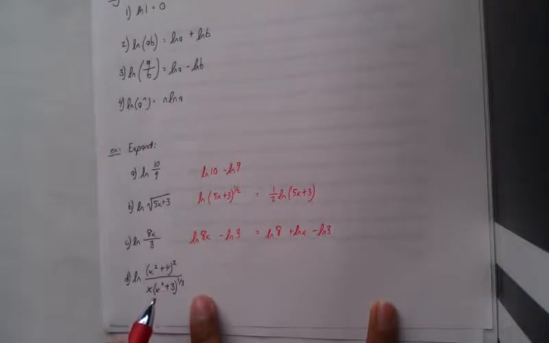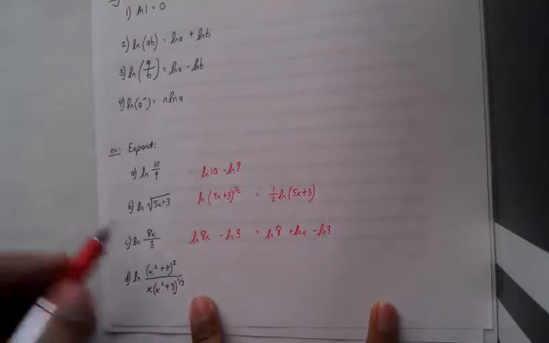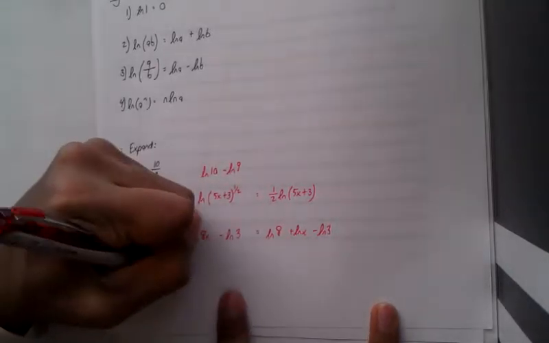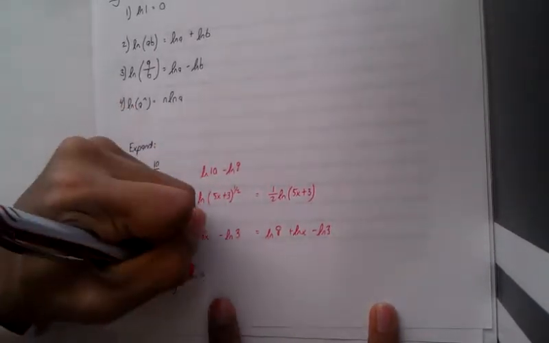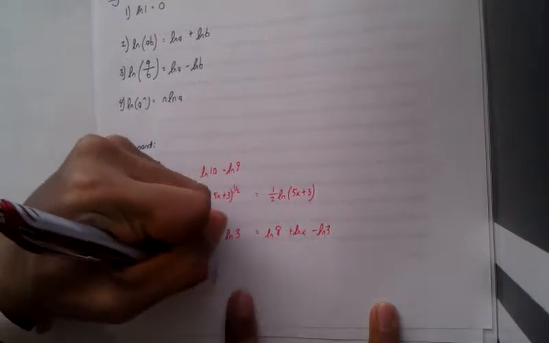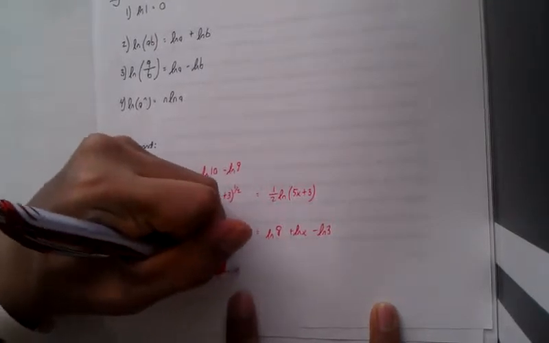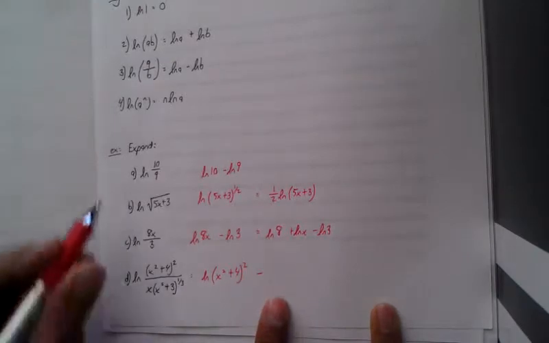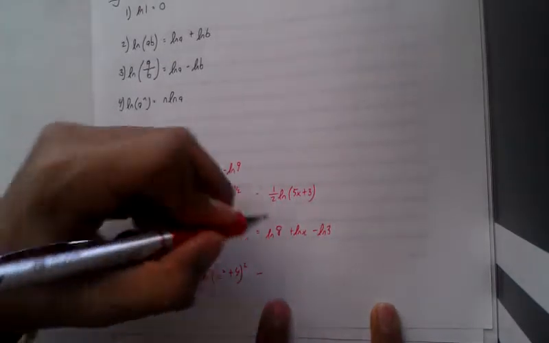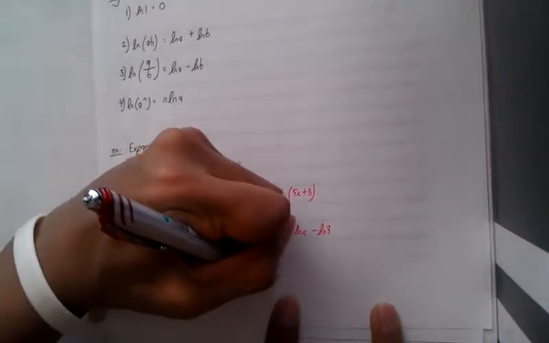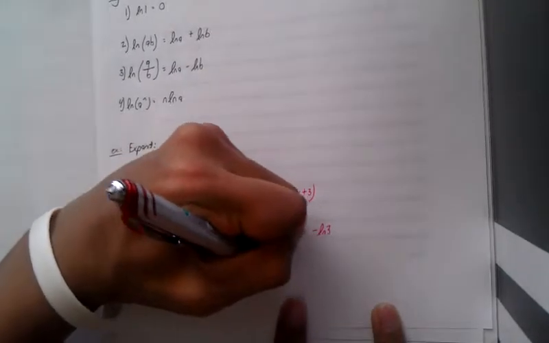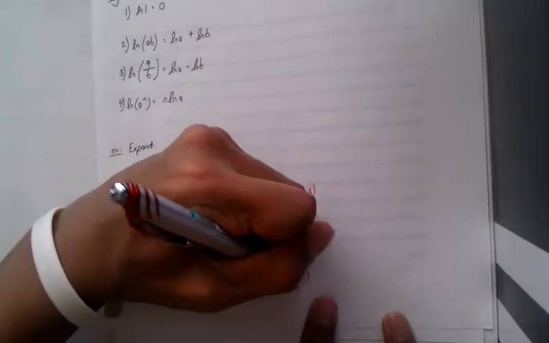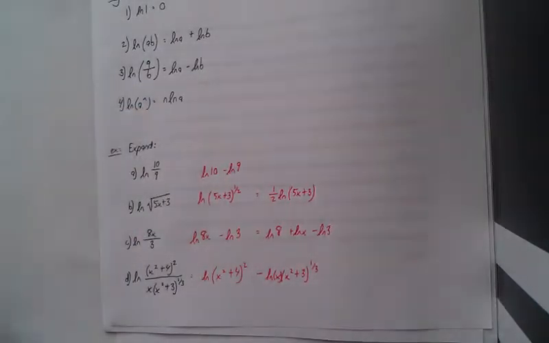Letter D, we've got a few things going on here, so we'll just start it off first by getting it all in one line. So natural log of x squared plus 4 squared minus, I'm using the quotient property, natural log of x squared plus 3 to the 1/3.